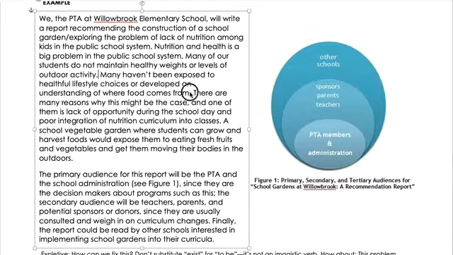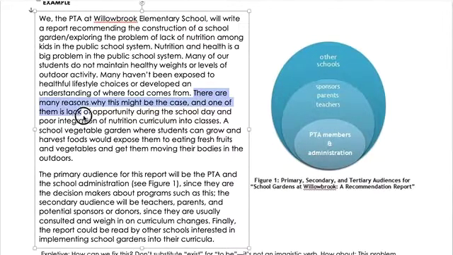And they say that they don't understand where food comes from. It's likely that they're also going to be researching within the scope of nutrition and the sources of nutrition, where food actually comes from.